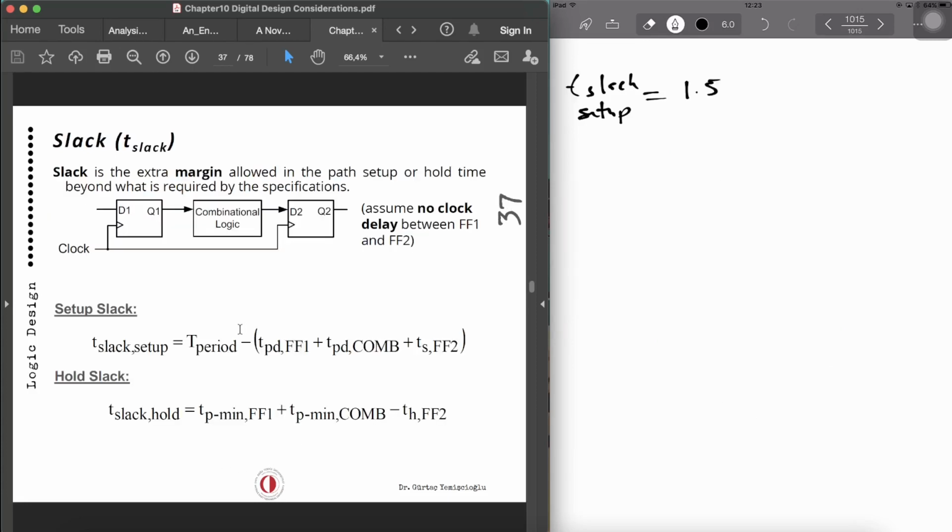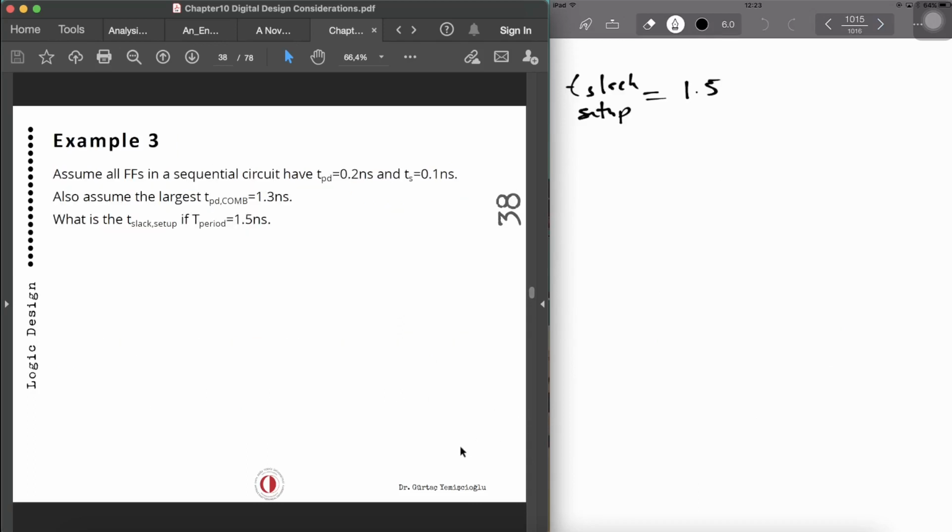The equation is here: period minus the maximum delays and the setup time. So the propagation delay of flip-flop 1 is 0.2 nanosecond, plus the propagation delay of the combinational logic 1.3 nanosecond, plus the setup time of the second one, 0.1 nanoseconds. So 1.5 minus 1.6.